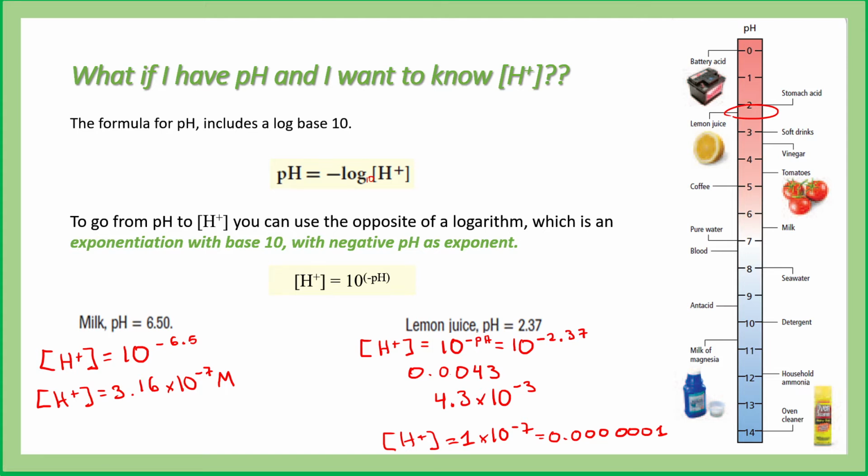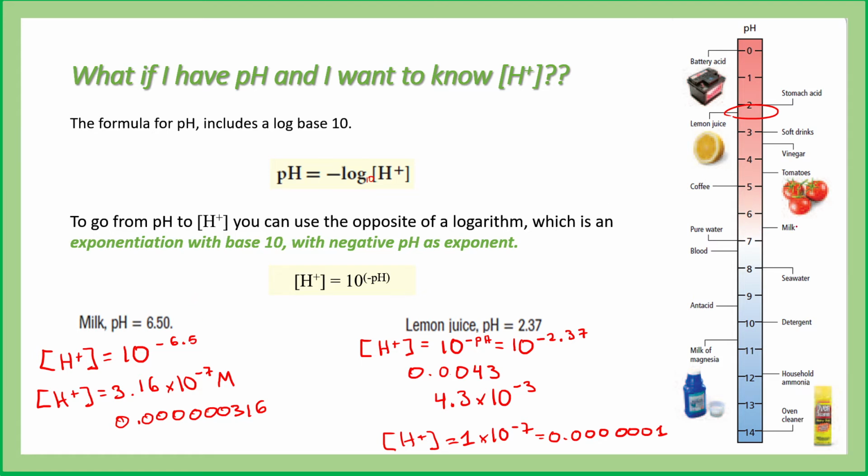In a similar way, the milk is slightly acidic because this number is 0.00000316, and this number is slightly greater than this. Therefore, the milk is slightly acidic. Also, you know that because its pH is less than 7, which is neutral.